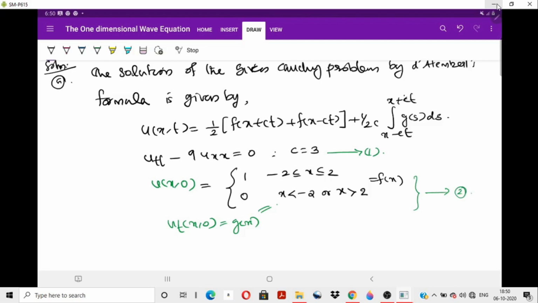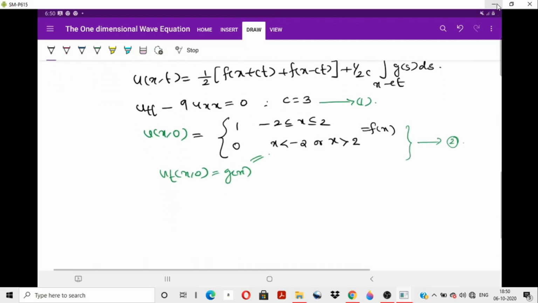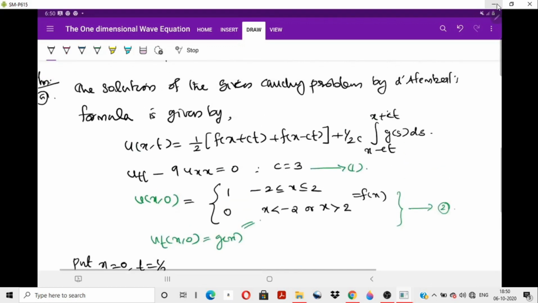Now we have to calculate u at the point (0, 1/6). So we substitute x equal to 0, t equal to 1/6 in the formula for the solution, let this be star.